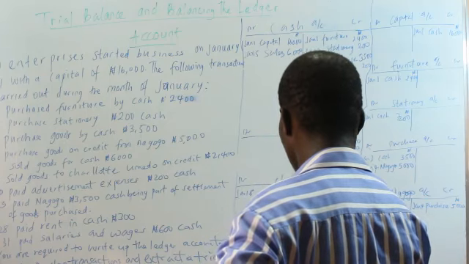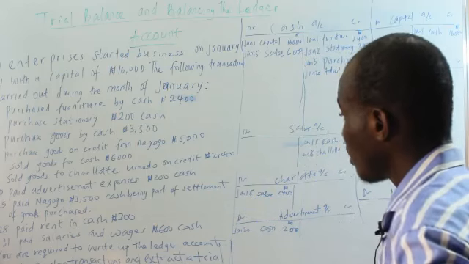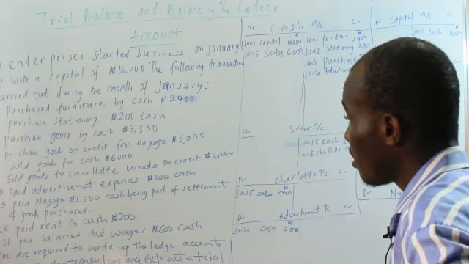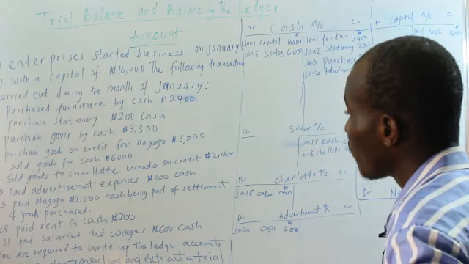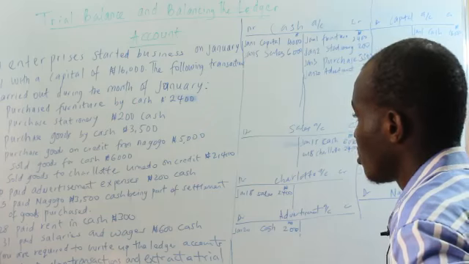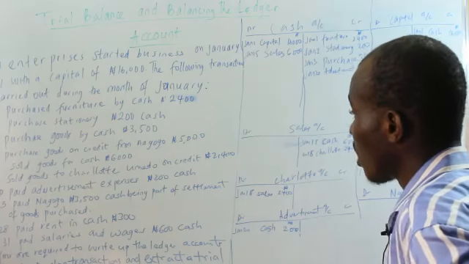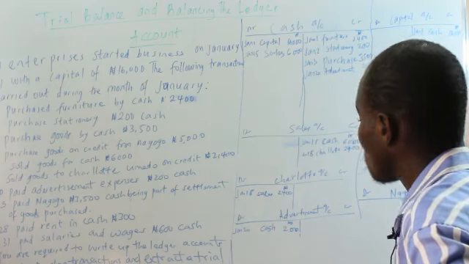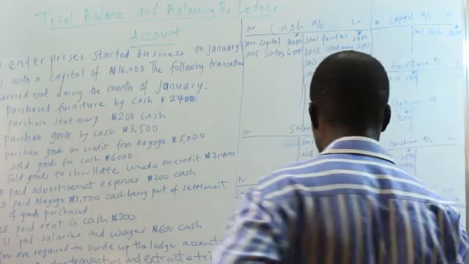So the next thing we have is January 25, paid Nagogo 3,500 naira cash, being part settlement of goods purchased. Cash is being paid to Nagogo, so cash is the giving account and Nagogo's account is the receiving account. So Nagogo's account will be debited with the amount of cash, January 25, cash 3,500 naira. The supplier's account is debited and the cash account will be credited with the amount paid.